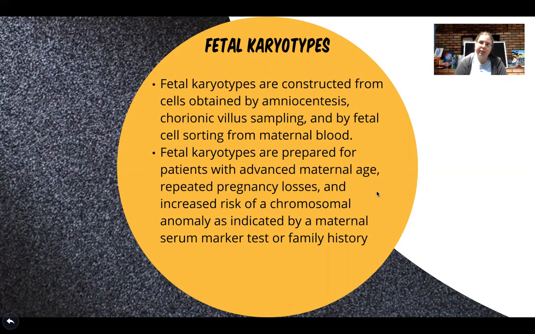An amniocentesis is when they take a long needle and inject it into mom's uterus, take out some of the amniotic fluid, and baby cells are swimming through that, so they can easily get a sample there.